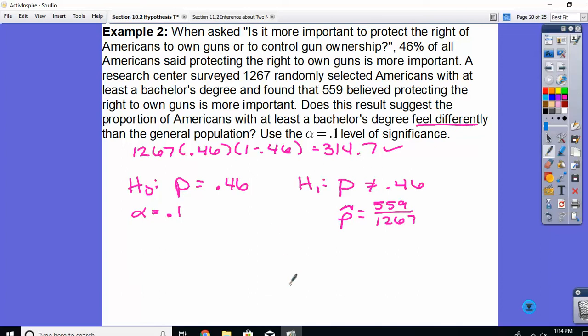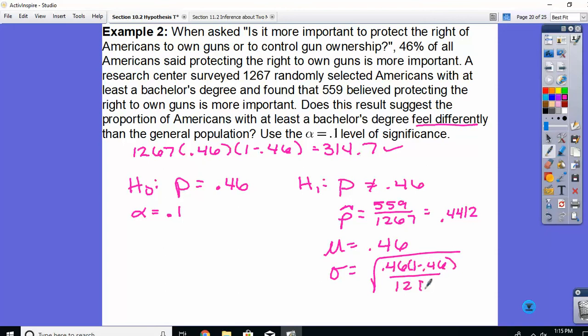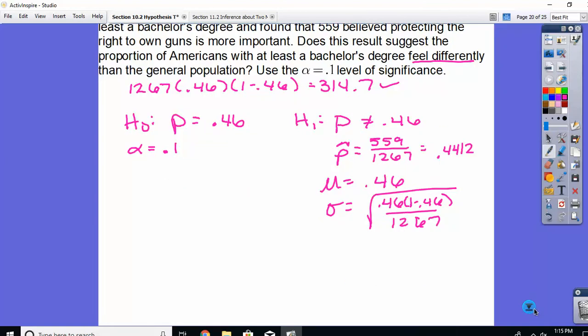I think I have time to real quick do this by hand and show you, and then I'm probably done for today. So, to do it by hand, we need several things. We need our p-hat, which is 0.4412. We need our mean, which is the 0.46. We need our sigma, which is the square root of 0.46 times 0.46 minus... over 1,267.